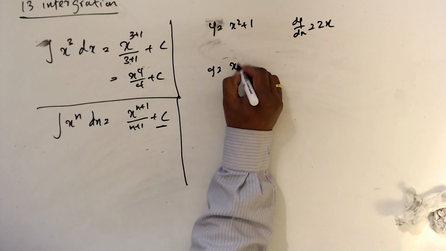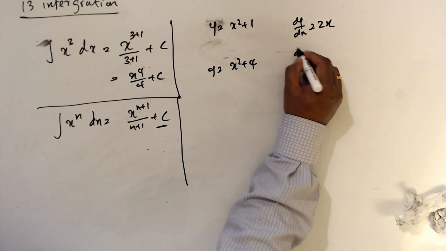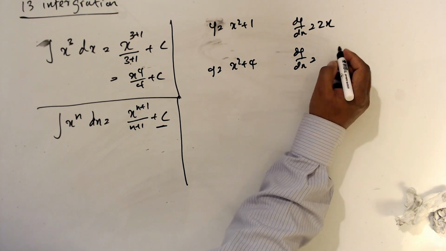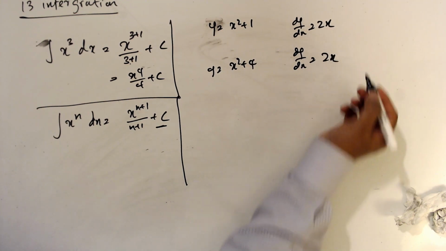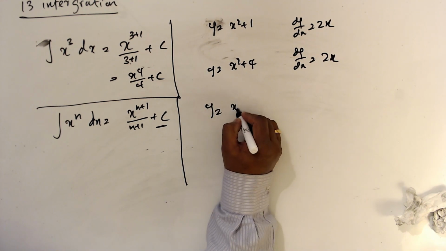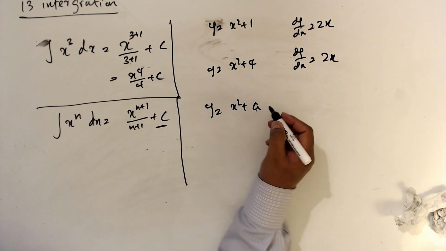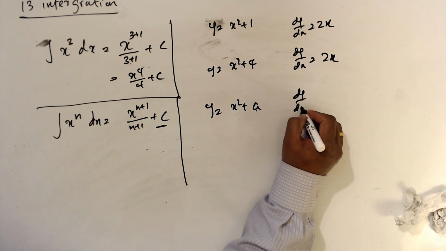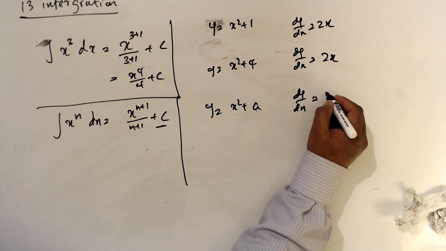Y equals x square plus 4, when I differentiate, that is 2x. Again, the differentiation of a constant is 0. Y equals x square plus a, where a is a constant, then dy over dx is 2x.